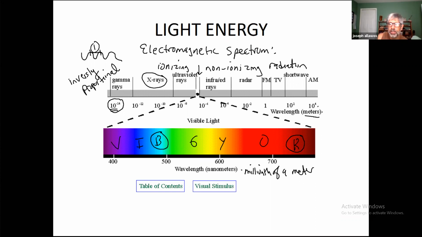We believe that from here on, we don't have enough energy to damage the DNA. It's non-ionizing radiation. We might say a word or two about cell phone frequencies, which are right about here, and then microwaves, which are right about here.